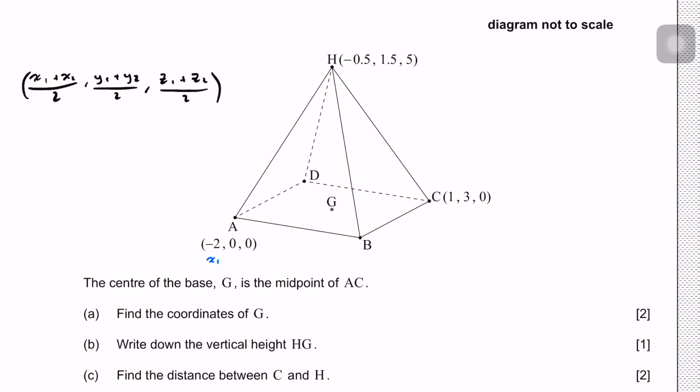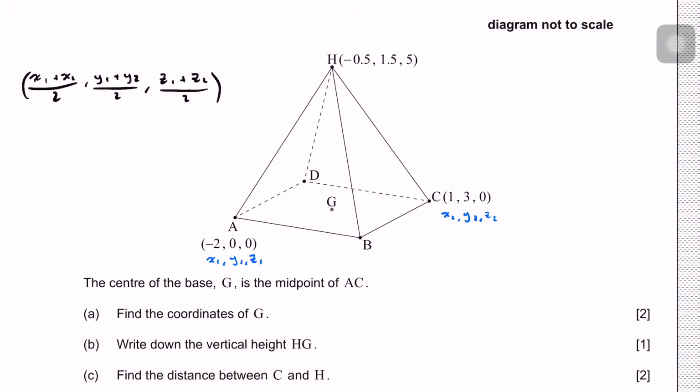We can call this x1, y1, and z1. It doesn't actually matter what we call x1, y1, or z1 in terms of x2, y2, and z2. We could have switched these up and it would have been the exact same. You just have to be consistent.